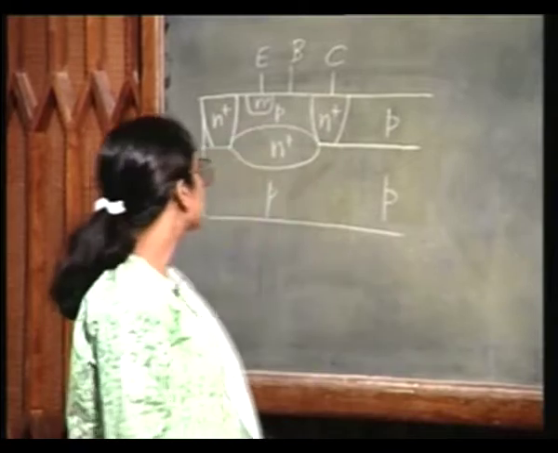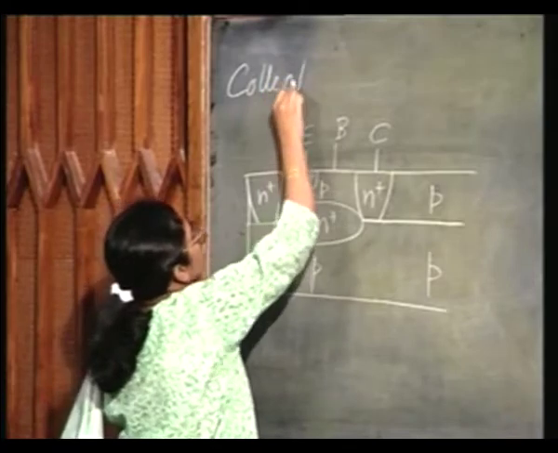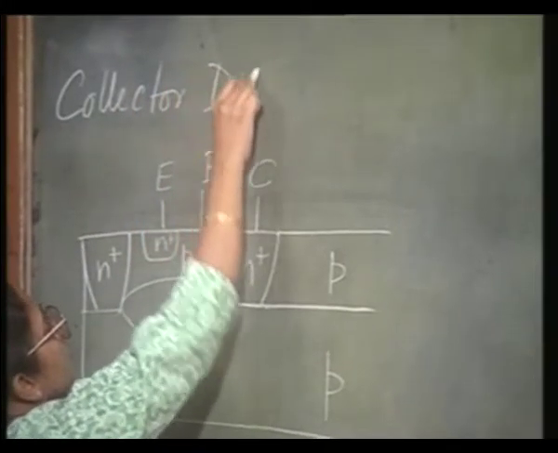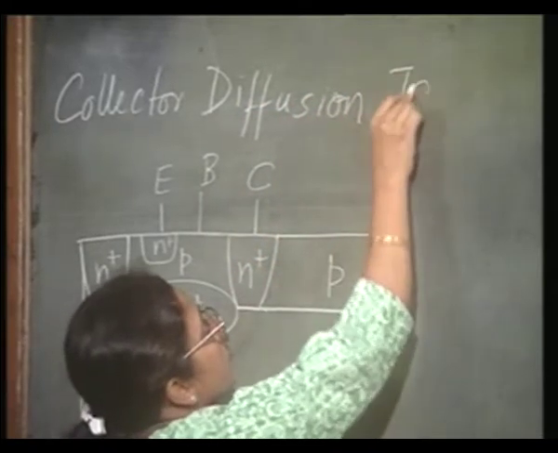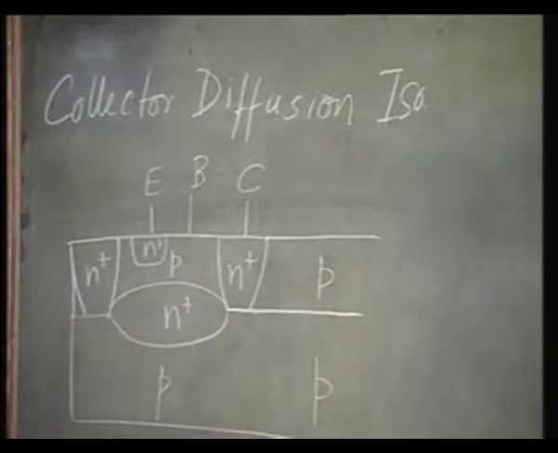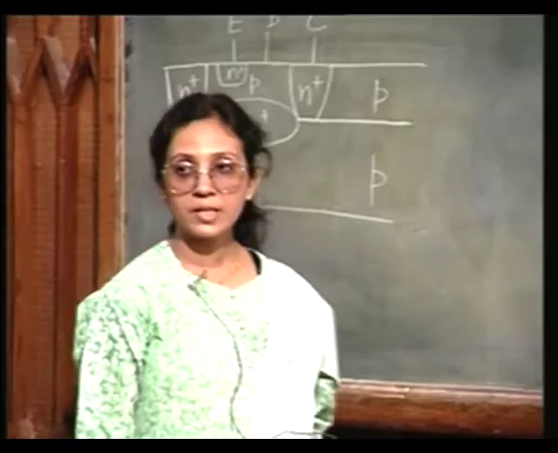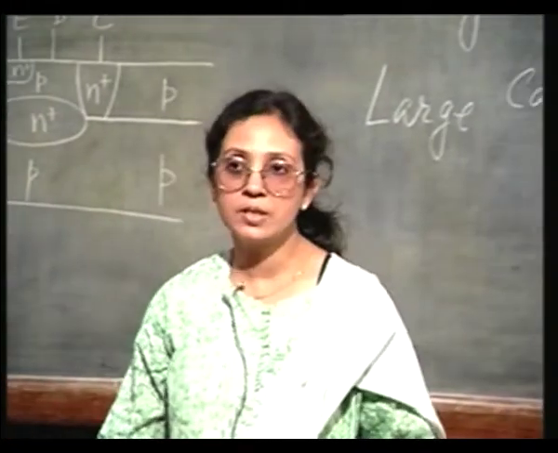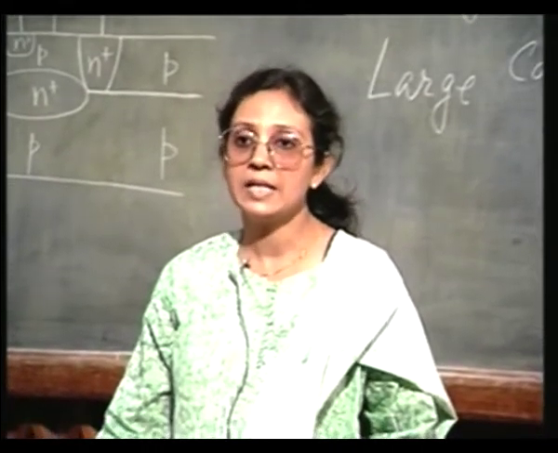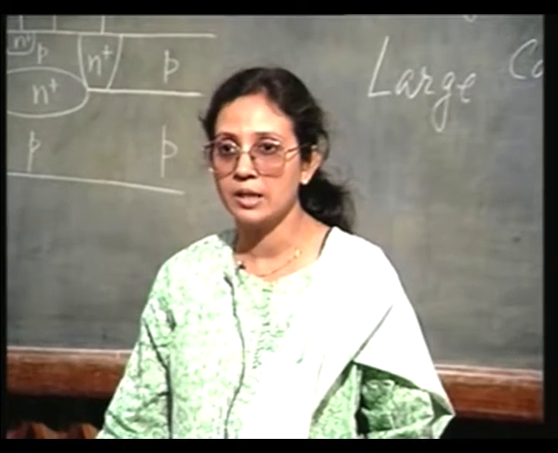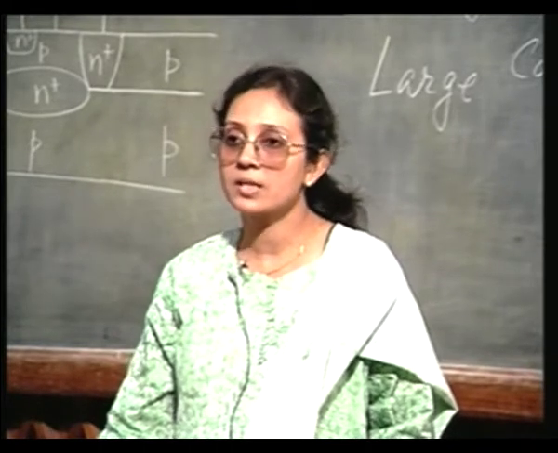So, you see this is called collector diffusion isolation, or CDI, in which case you started out in a very similar way with the N plus buried layer, but then instead of having an N epitaxial layer, you have a P epitaxial layer, and instead of having the isolation P plus diffusions, you have N plus collector diffusions.